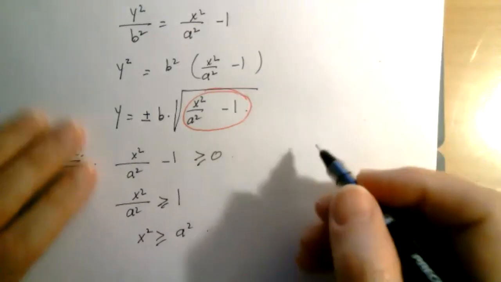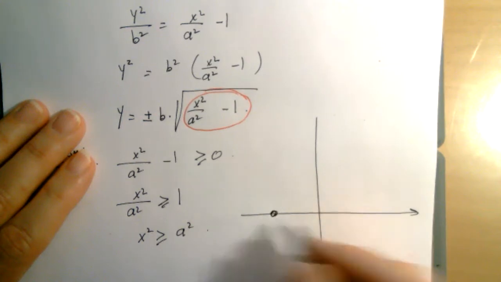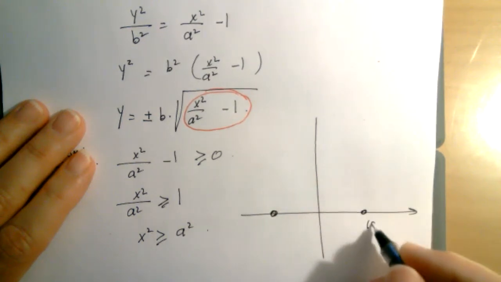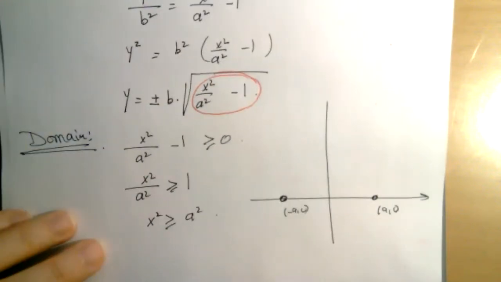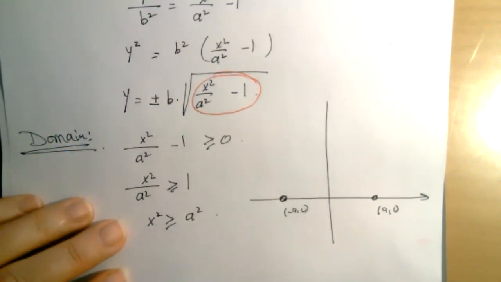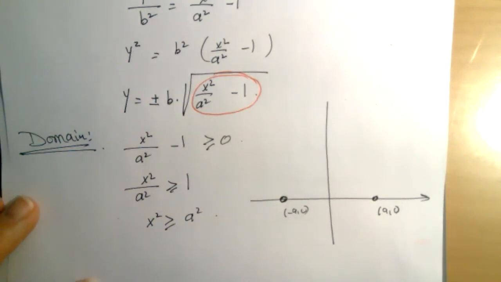So again, I go back to my graph. I know we have intercepts here at (a, 0) and (-a, 0). But this equation makes sense when x squared is larger than a squared. It means for which values of x would this make sense?